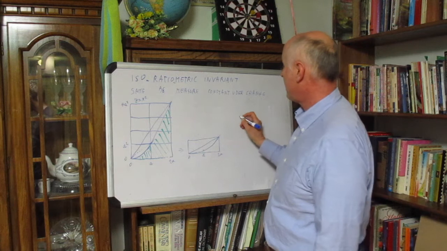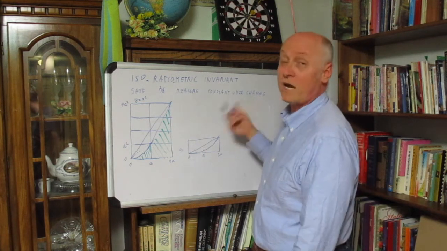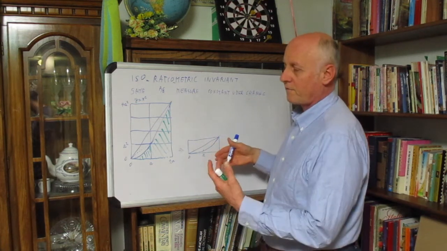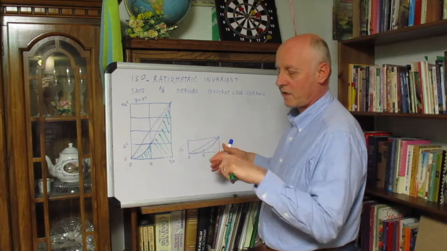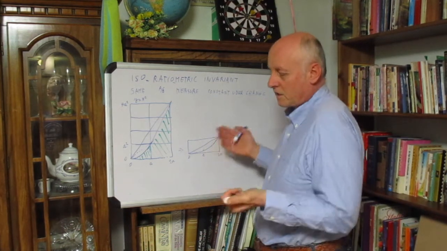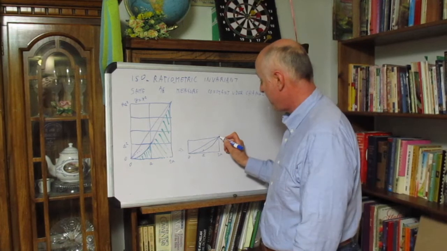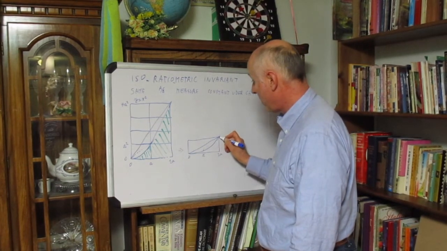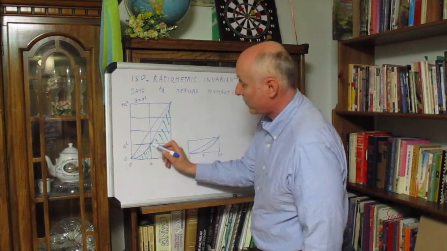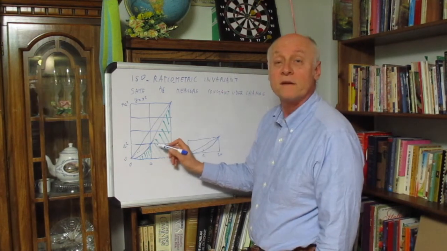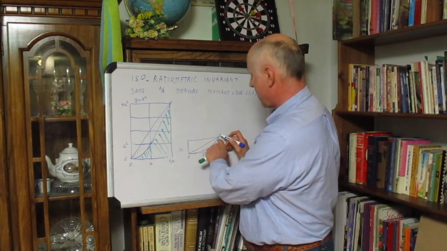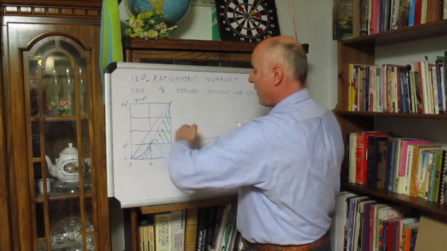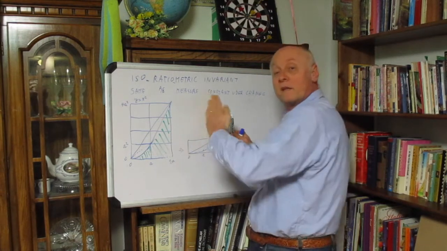And so if you know that slope is rise over run, if I keep the height the same but I double the run, my slope has to be 1/2. This slope here compared to this slope has to be 1/2. It's shallow because I stretched it.